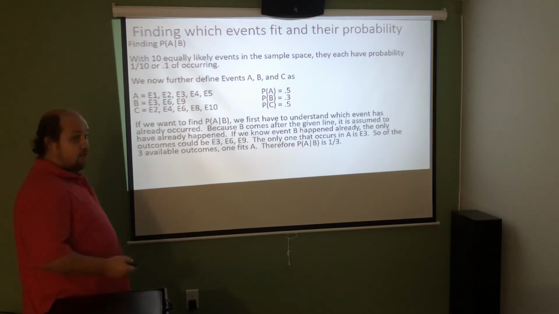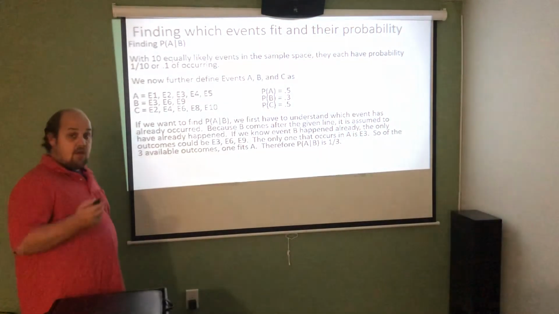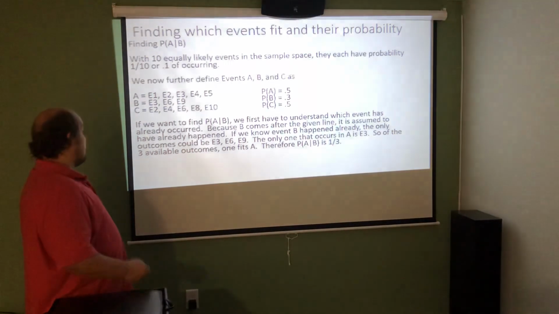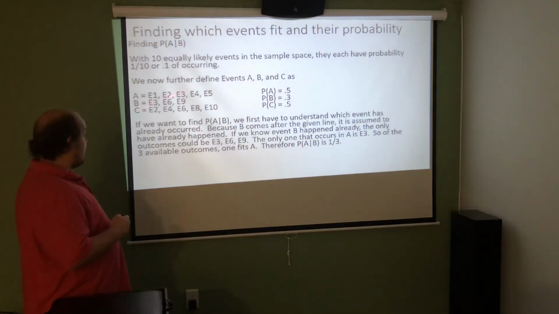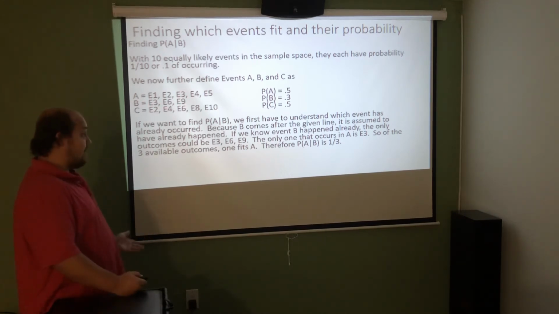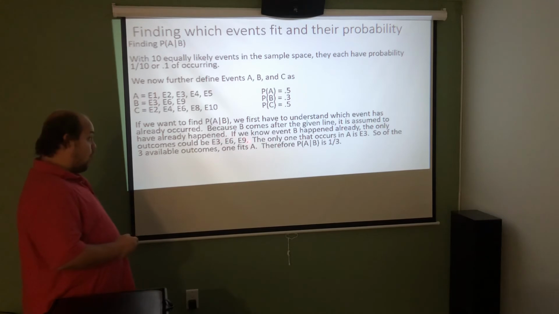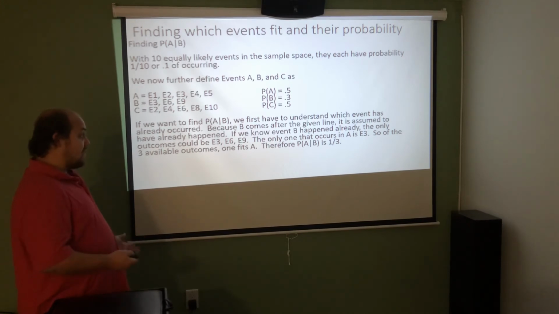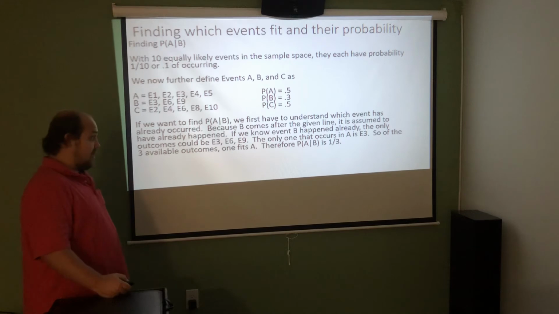So the general formula is A intersect B over P of B. In this case, the only thing that's happening in both A and B is still E3, so 1 of the 3 events in B count as happening in A. Since 1 of the 3 events, E3, out of E3, E6, E9, it makes the probability 1 divided by 3, or 0.33.